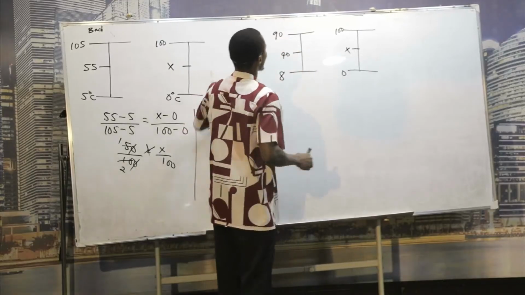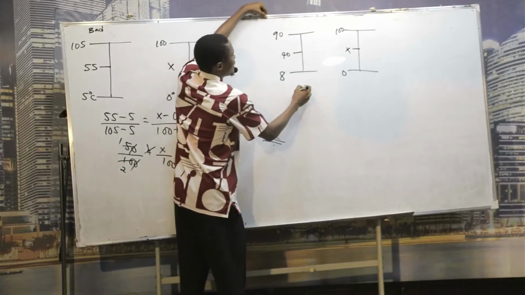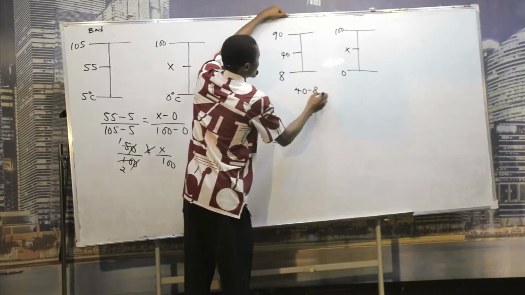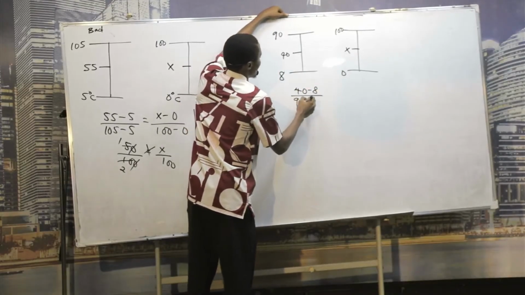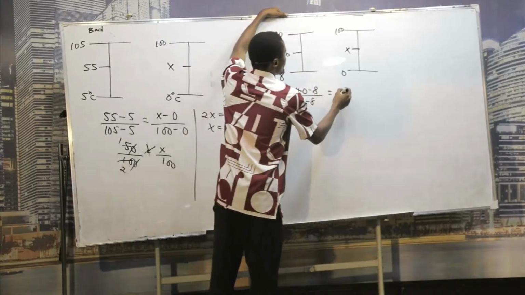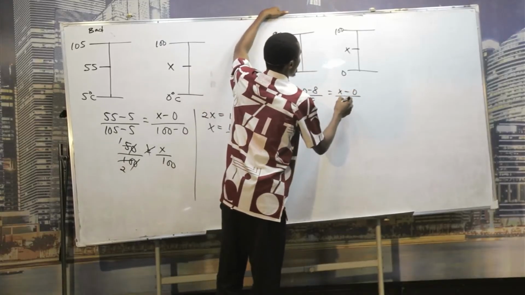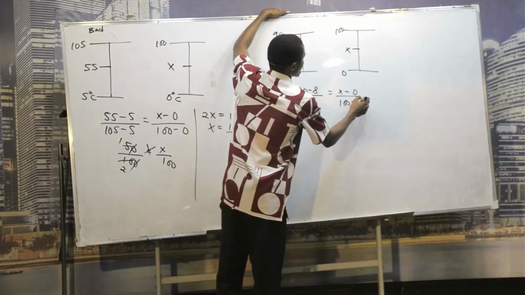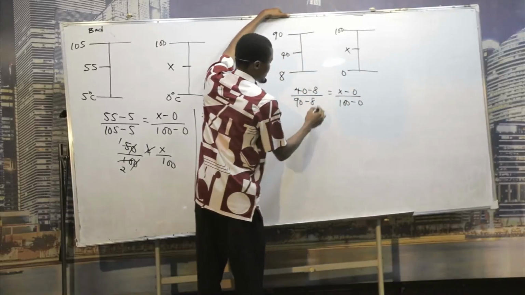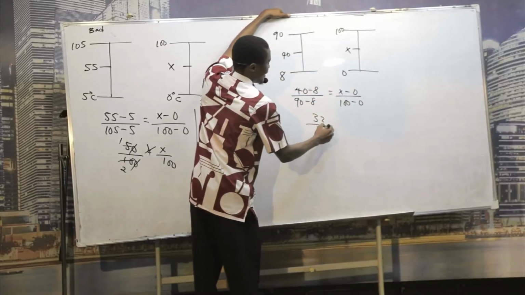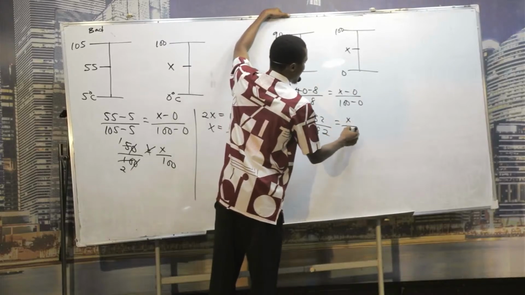When this one is 40, my lower interval here is 40 minus 8, over 90 minus 8. This is going to be X minus 0 over 100 minus 0. So this is 32 over 82 equals X over 100.